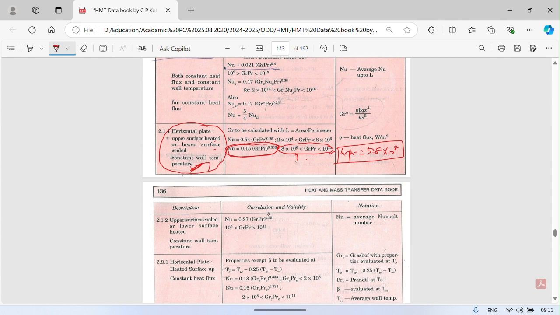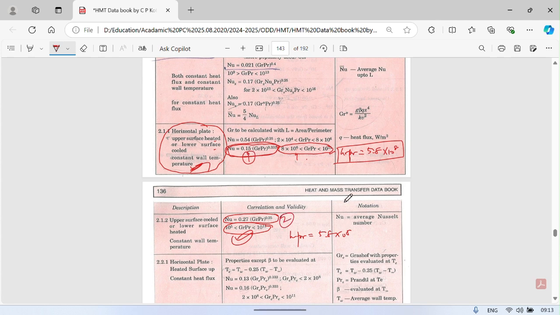Already we know that GrPr is equal to 5.8 into 10 to the power of 8. This exactly lies in this category. So for the bottom surface we choose this Nusselt number. The top surface has one Nusselt number, and the bottom surface has another Nusselt number.